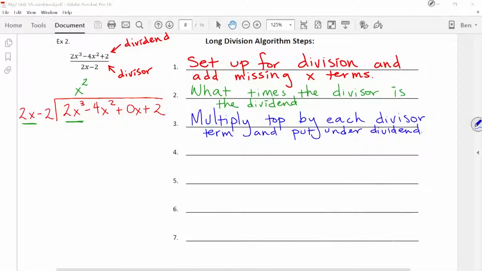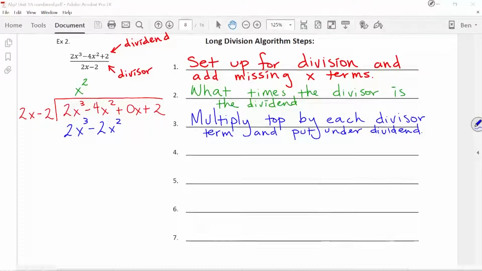So what that means is I will multiply x squared times both of these terms. So x squared times 2x is 2x cubed. And x squared times negative 2 is negative 2x squared.